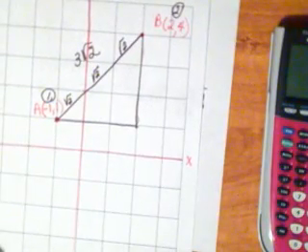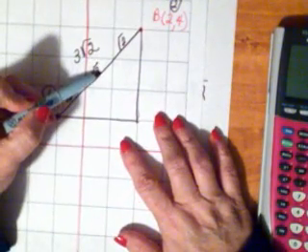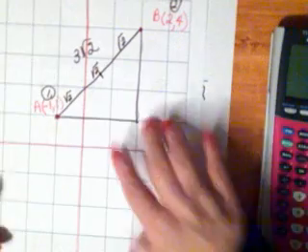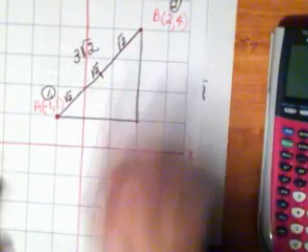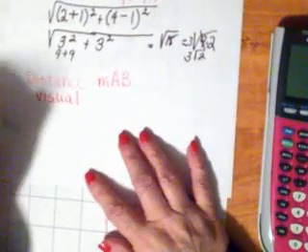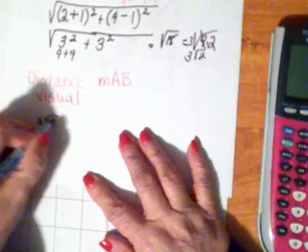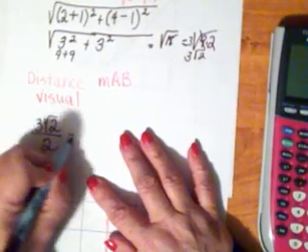Now, what is the distance to the midpoint? Okay, so let's think about this a minute. The distance to the midpoint, this whole distance is 3 square root of 2. So if the whole distance is 3 square root of 2, the distance to the midpoint is half of that.